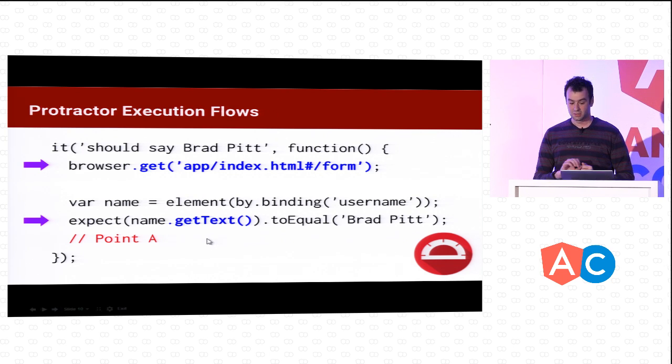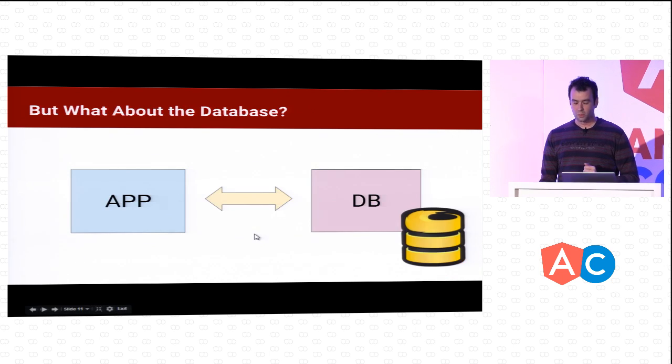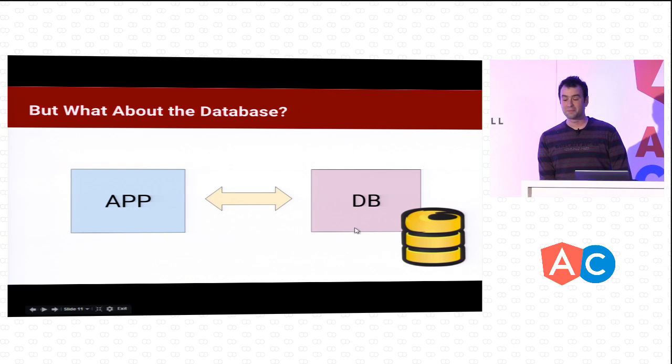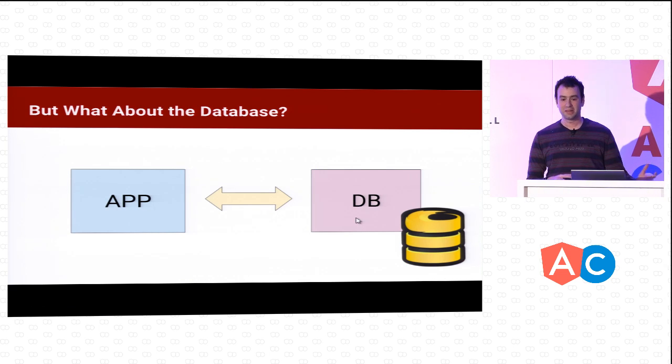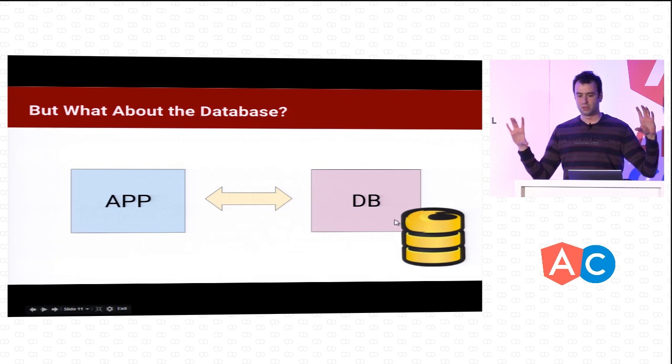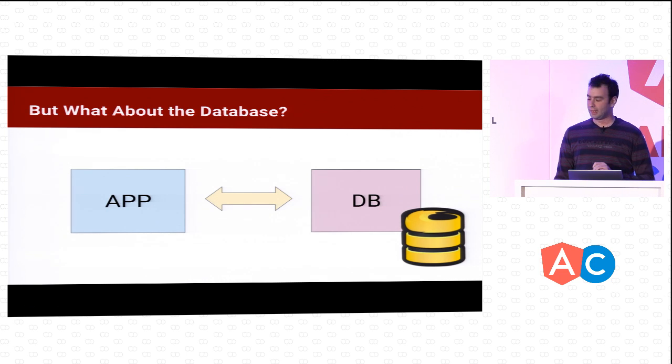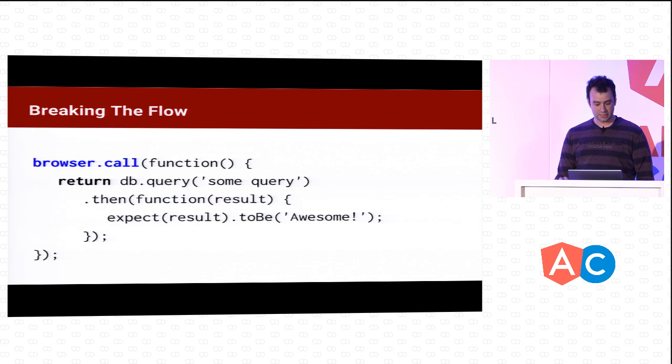Or perhaps, do you? What happens when you have a database and you want to talk to the database during your E2E test? I see some of the people nodding like it happened to you already. So in this case, we will have to tap into the async queue of Protractor and add our code inside a function, just like this.